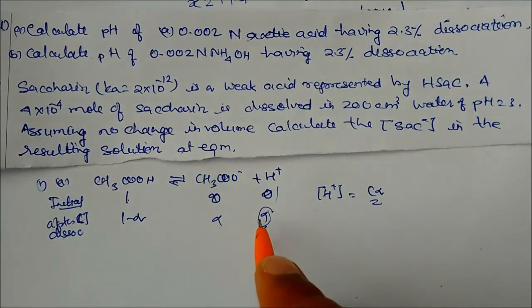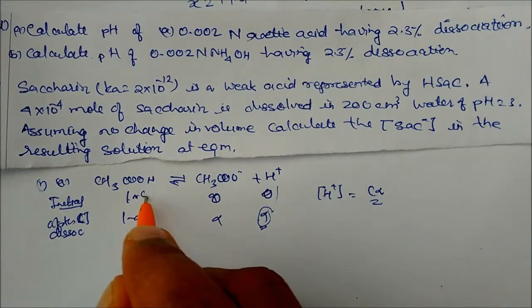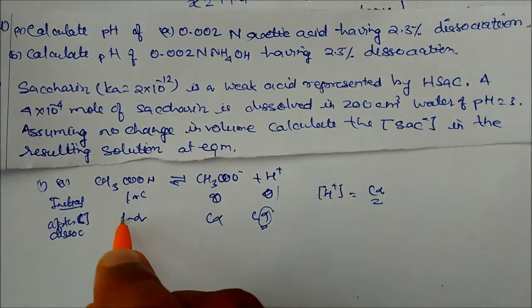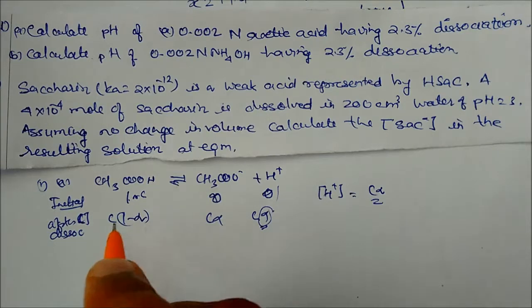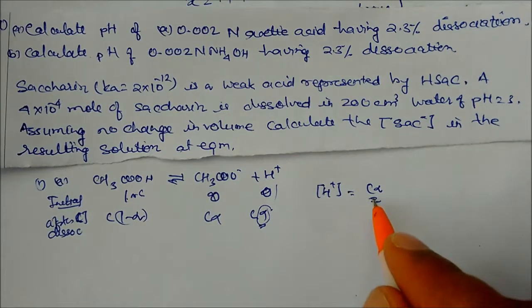If you take concentration C, you write C alpha, and C into 1 minus alpha for the acid. So H plus is equal to C into alpha.